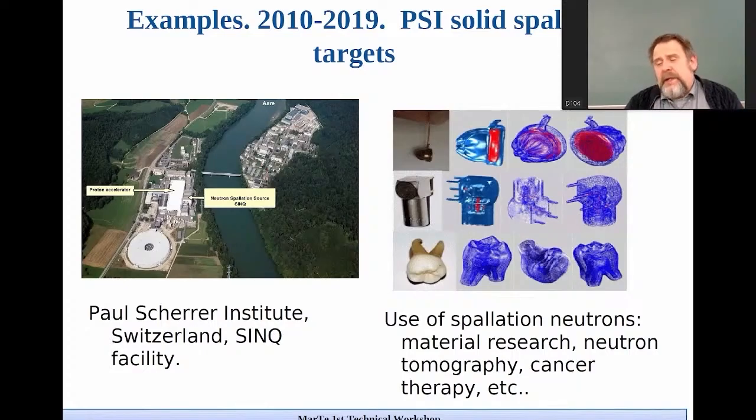Since this beam is produced by a high energy accelerator, the energies of protons are very high, and as a result, small particles, neutrons, come out. Those neutrons, which are called spallation neutrons, can be used for different things, let's say for material science, neutron tomography, cancer therapy, and so on.